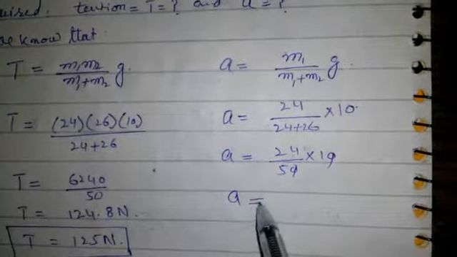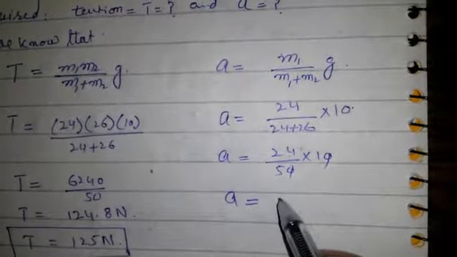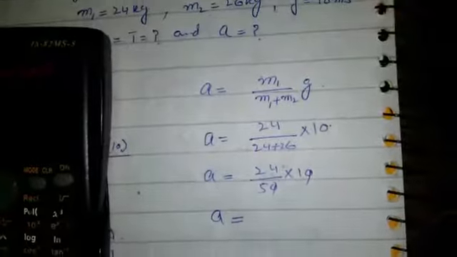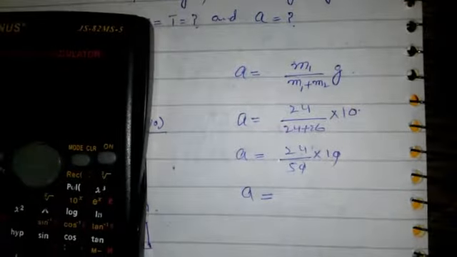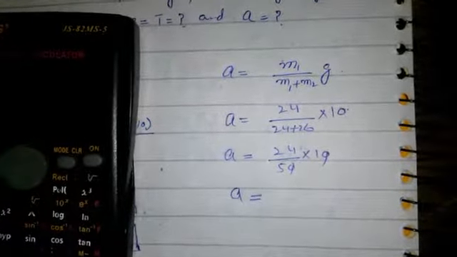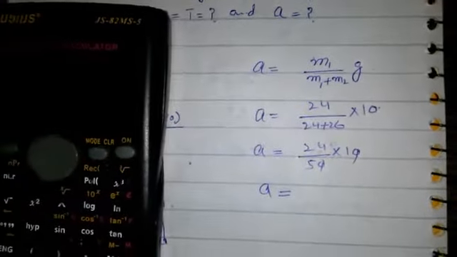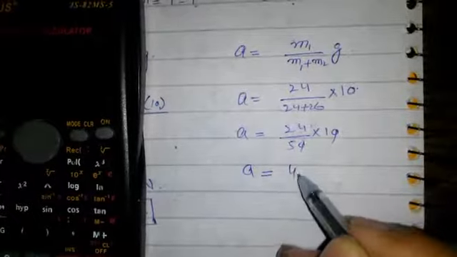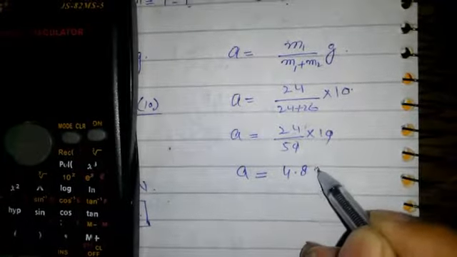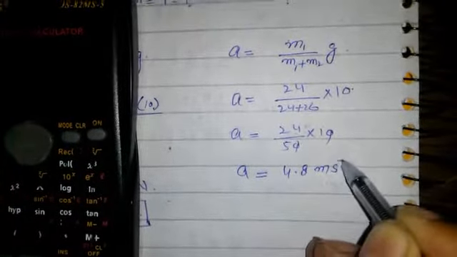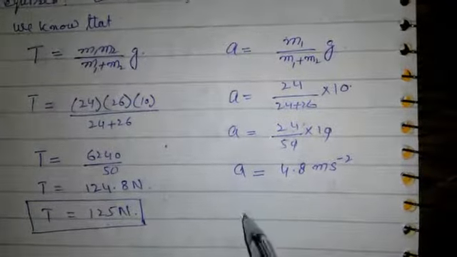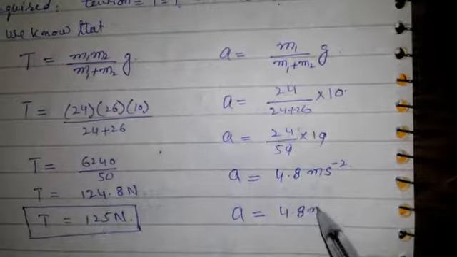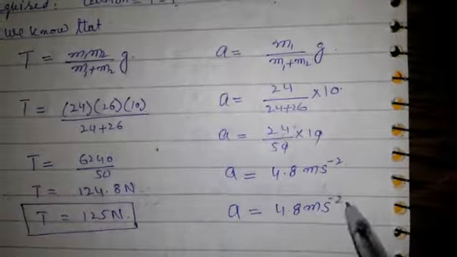A is equal to 24 divided by 5 equal to 4.8 meter per second. So A is equal to 4.8 meter per second.